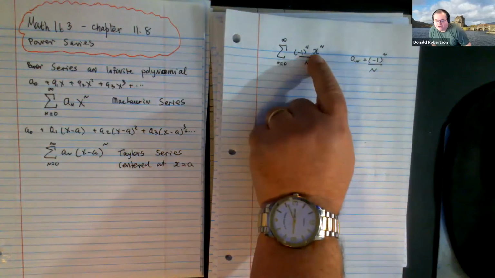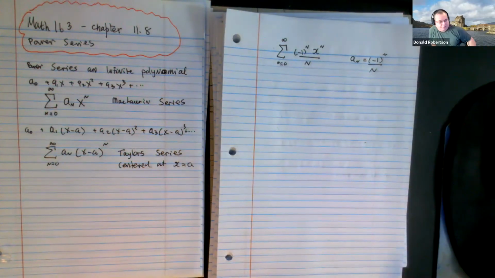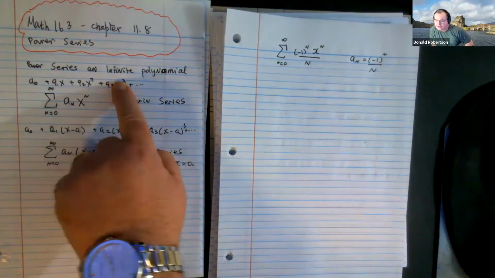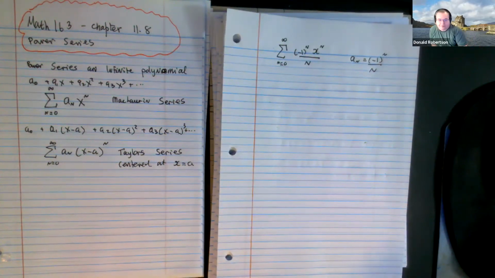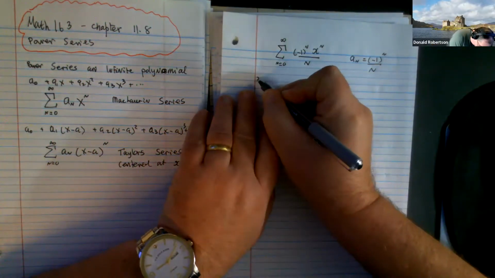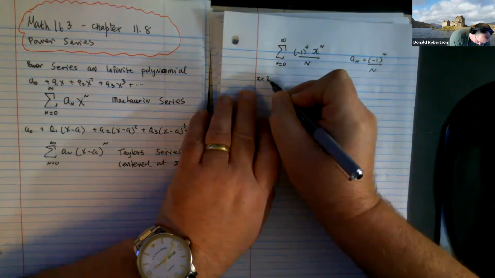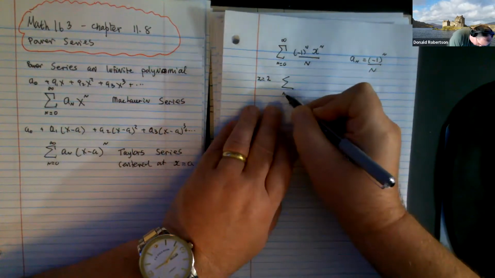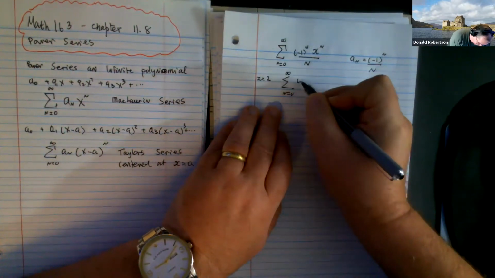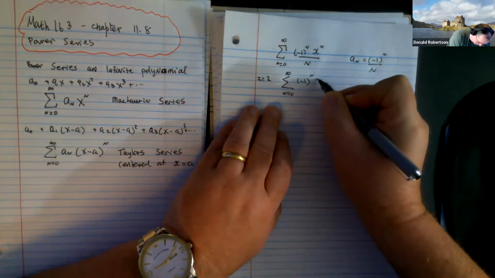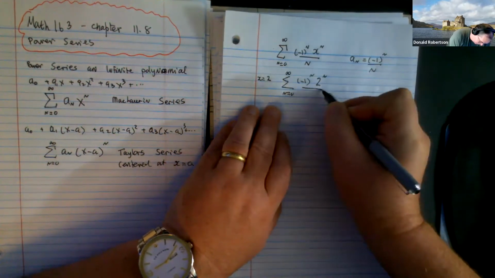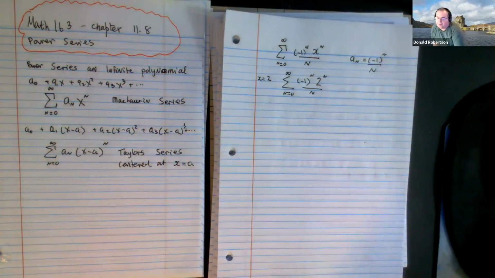Now, x is a variable, right? It's a polynomial in x. x is a variable, right? It can take on different values. Don't you get different series? So for instance, if I said that x was 2, wouldn't this become just a normal series, wouldn't it? Agreed?